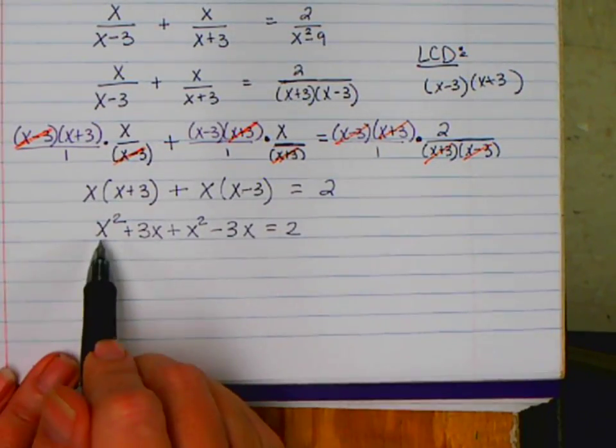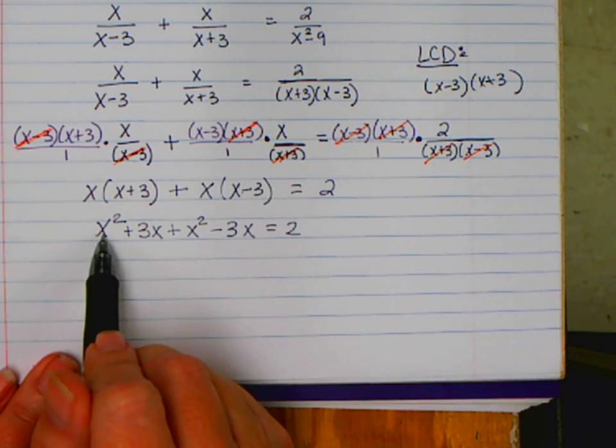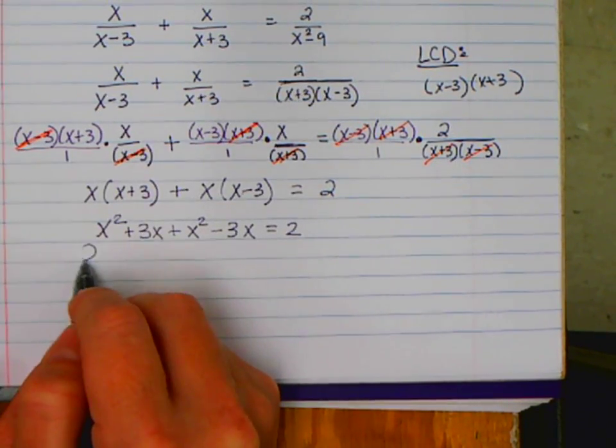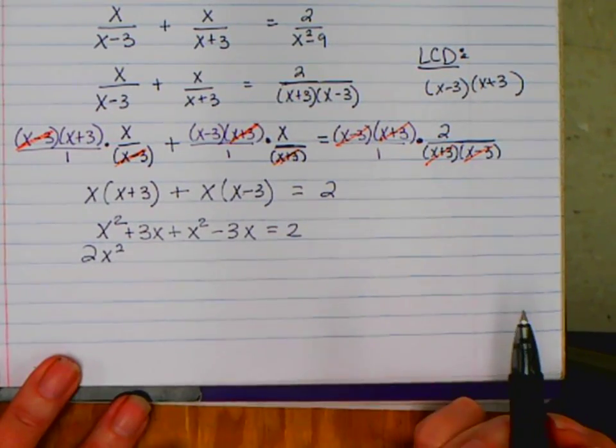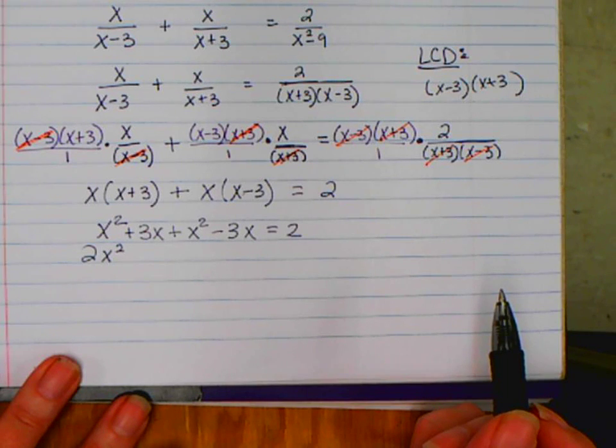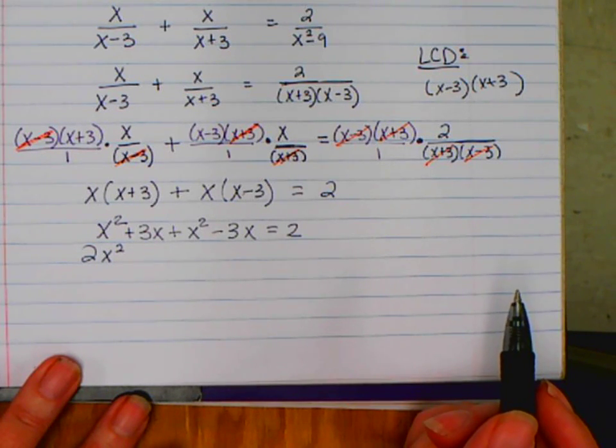Okay, so I have two quadratic terms. What is x squared plus x squared? 2x squared, I'm so proud. 3x minus 3x. What? Cancel out, make 0, right?